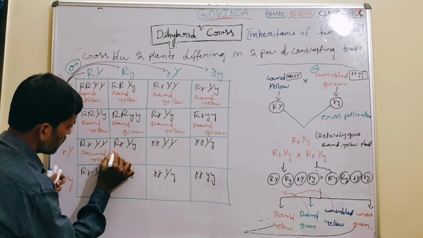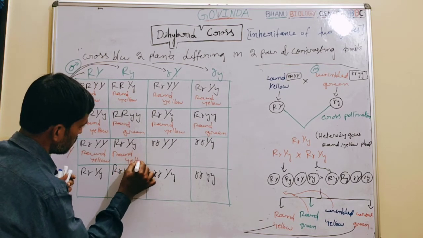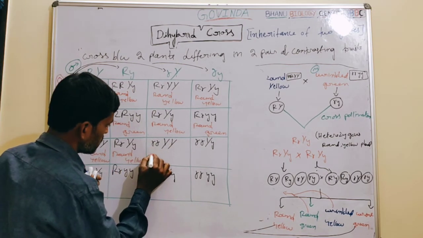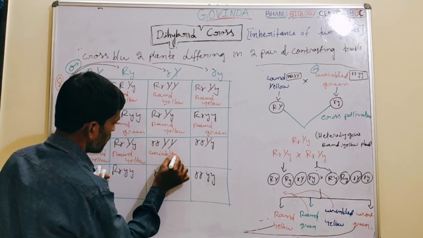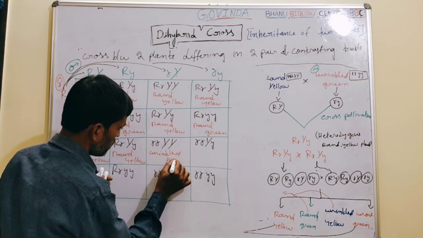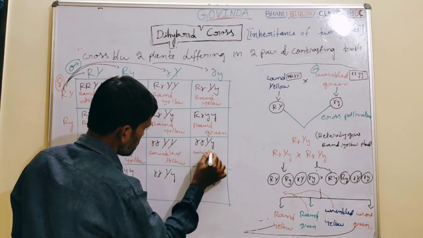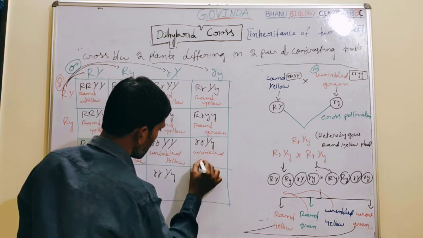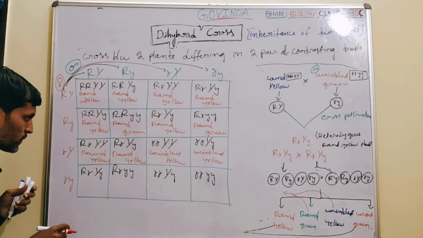So here capital R round, then capital Y yellow. So here small r recessive, so wrinkled, right? Wrinkled, dominant Y, so yellow. So here small r again responsible for wrinkled shape, so capital Y responsible for yellow color, wrinkled yellow plant.